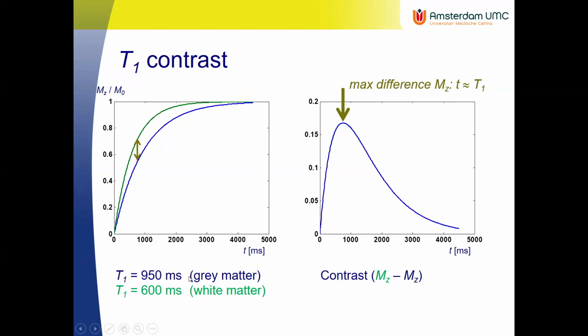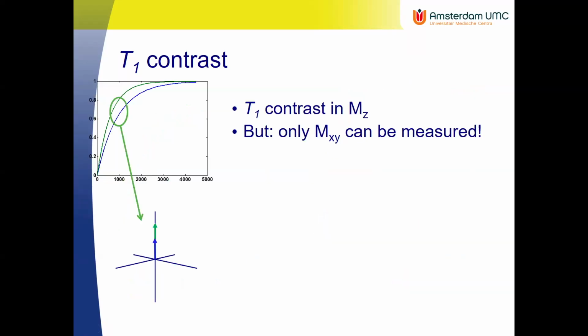So it's a kind of rule of thumb. Here the time point of interest is somewhere between 600 and 950 milliseconds, so let's say 700, 750. That is the moment in the curve where they split up most, where I get the most signal difference, or most contrast, between the two tissues. All right, so that's a rule of thumb.